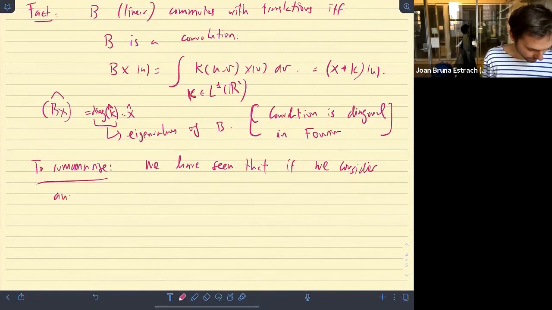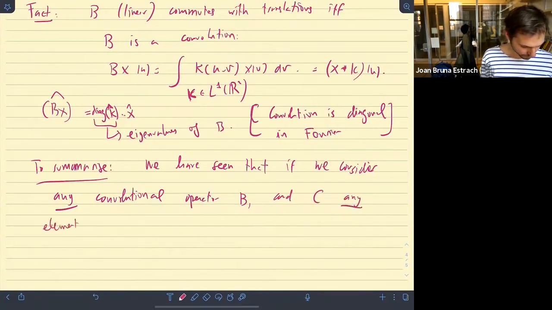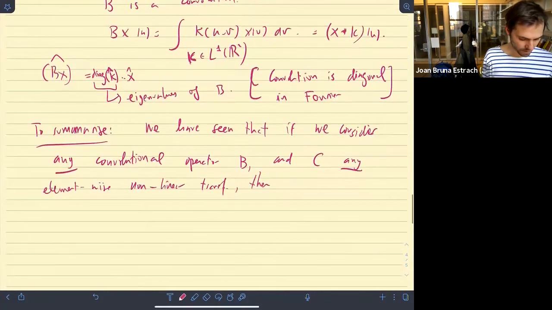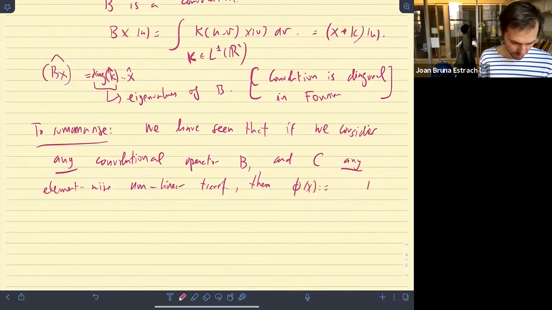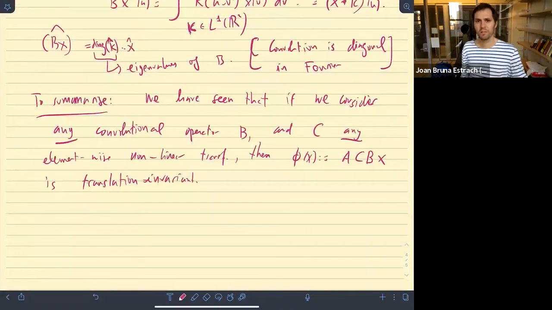So if we consider any convolution operator B, and C any element-wise nonlinear transformation, then this phi of x, defined as first applying B, then applying C, and then applying A, is going to be translation invariant. That's what we have seen.